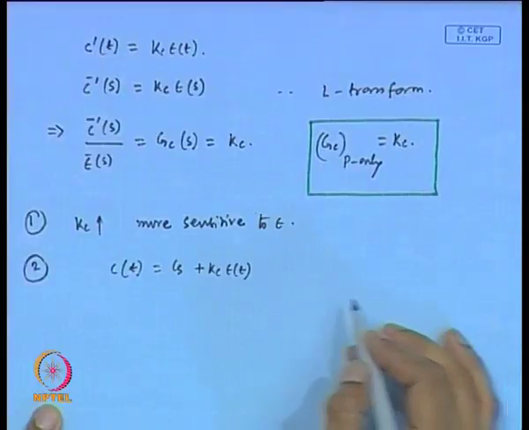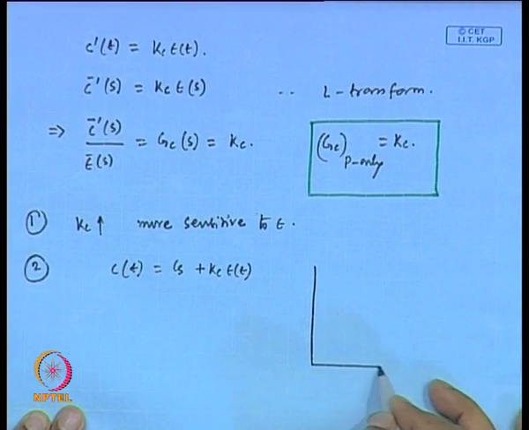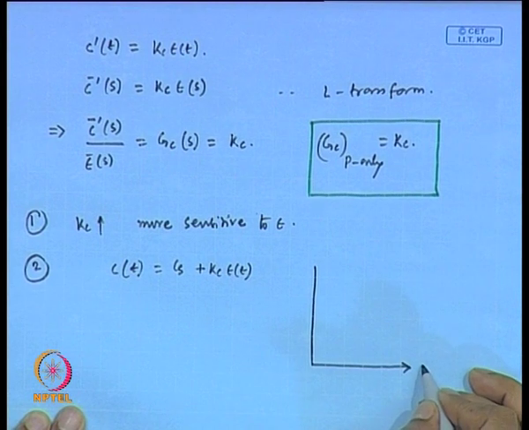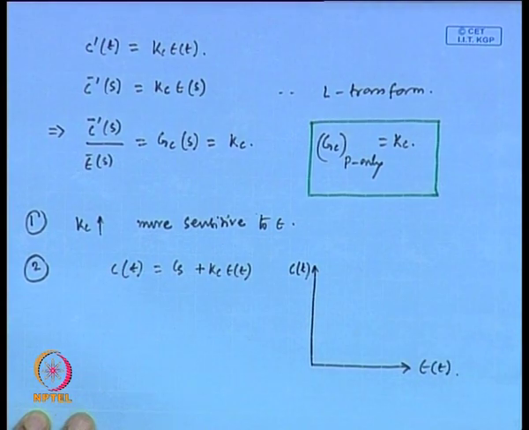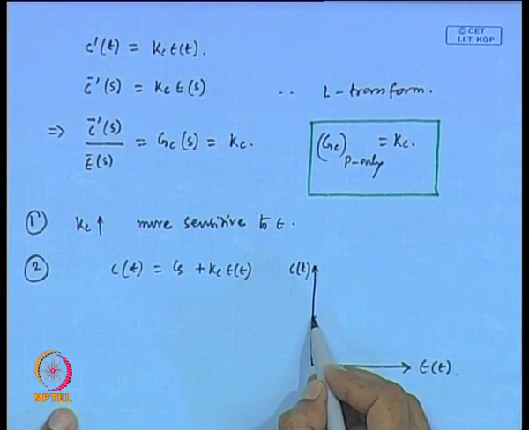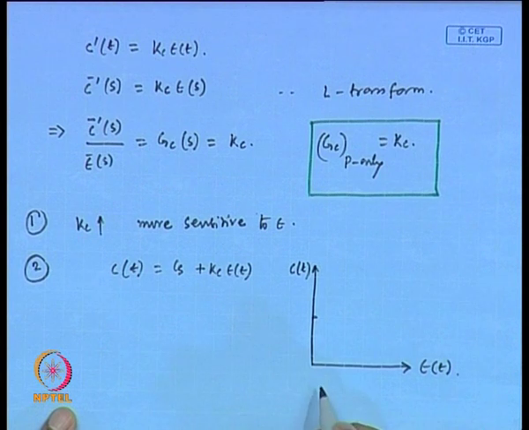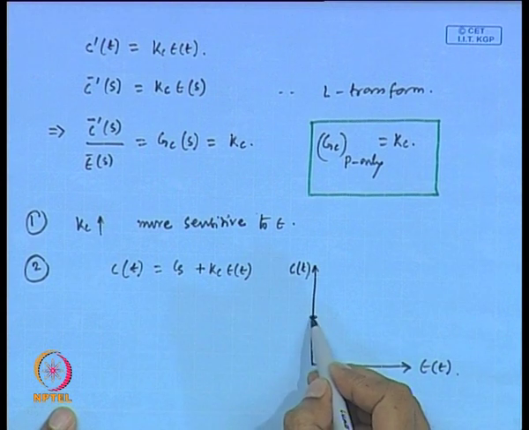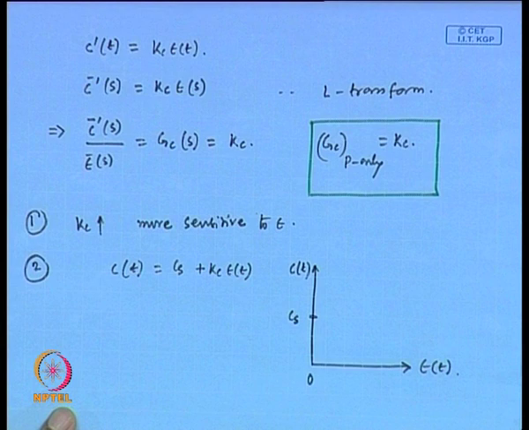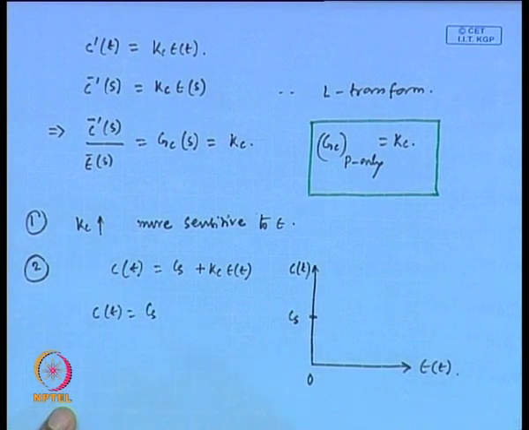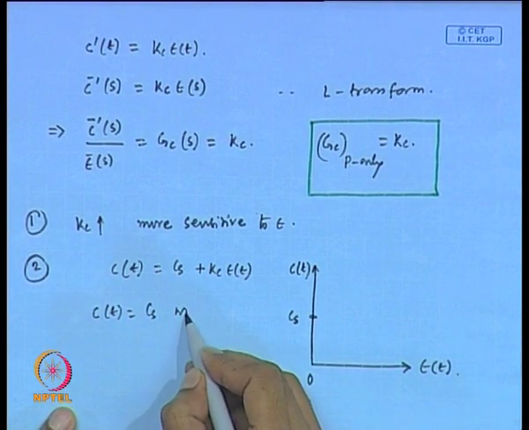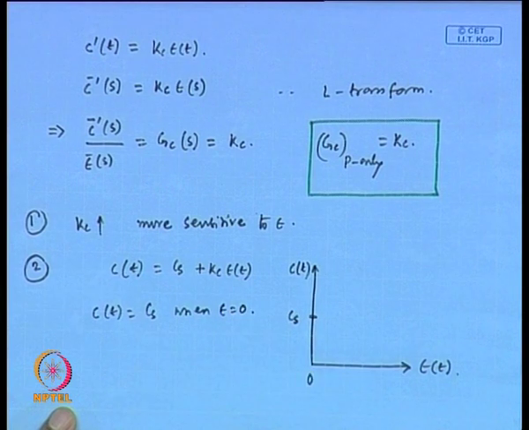Now, if we plot C versus epsilon, we obtain Cs when epsilon is equal to 0, because we know that C(t) equals Cs when epsilon is equal to 0.